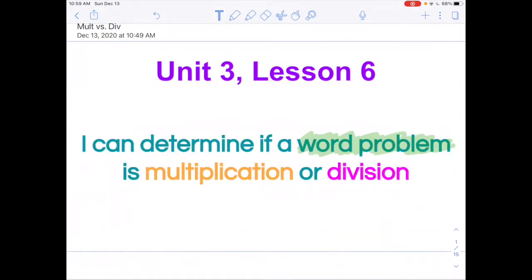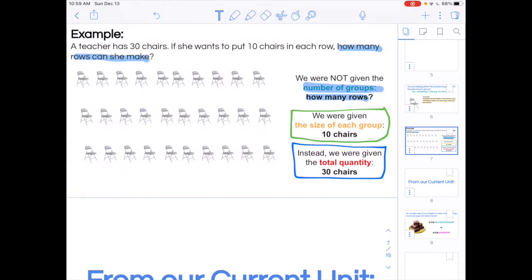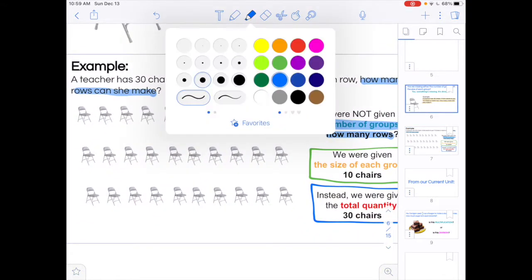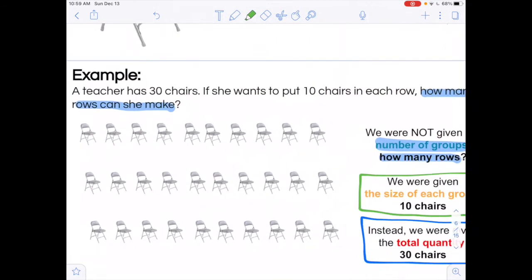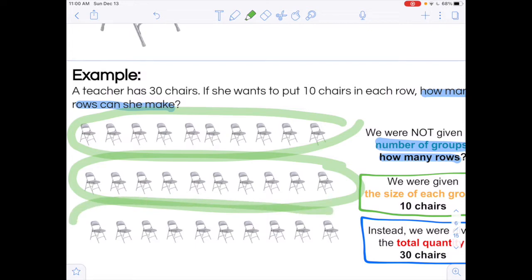I had to take some chairs and move them around to find out how many groups. Now I can see there are 1, 2, 3 groups. At the beginning, you couldn't see 3 rows. I had to make 3 rows. I had to take a certain amount and regroup them.